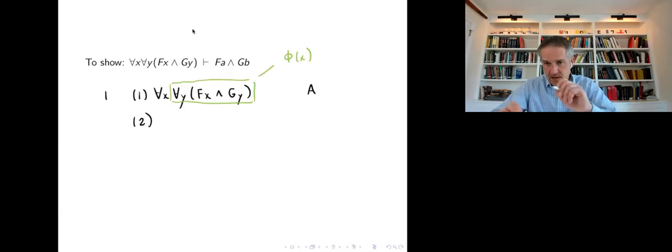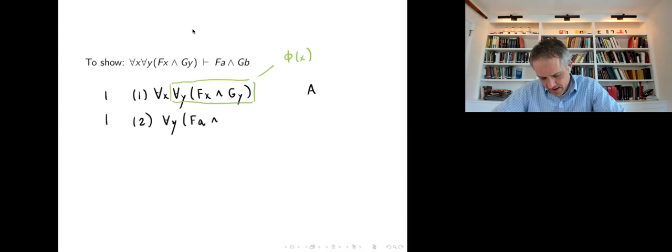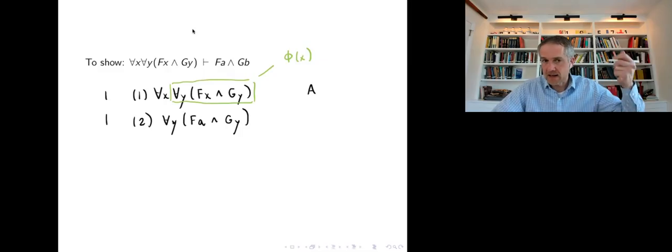In this case, the x lies under F. So I change this first line to for all y, Fa and Gy. So notice that y doesn't get touched. The y is connected to the for all y. When I take off the first quantifier for all x, I just replace x with the name.